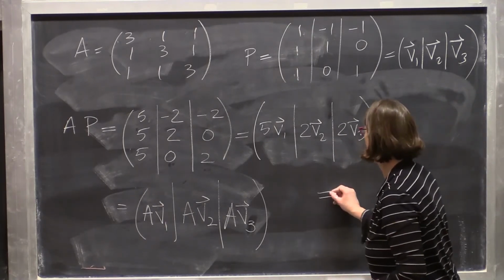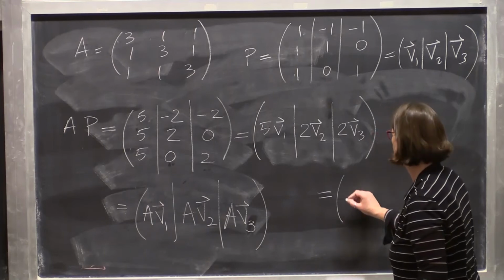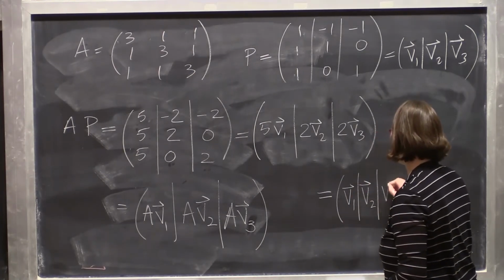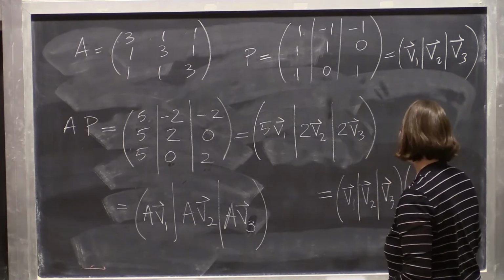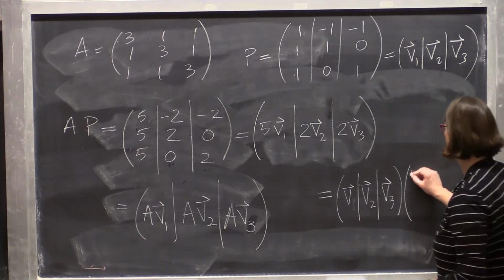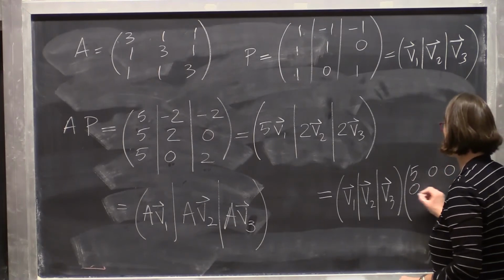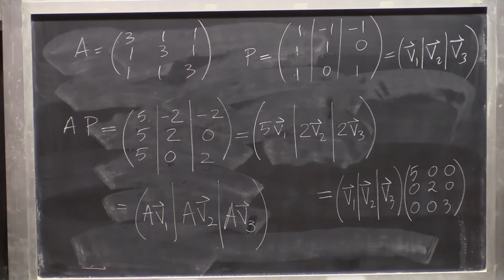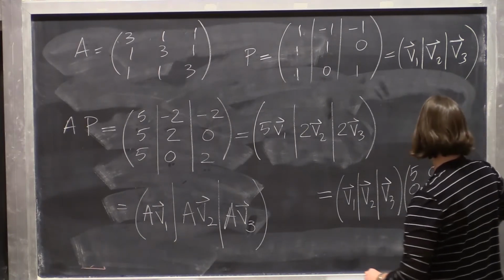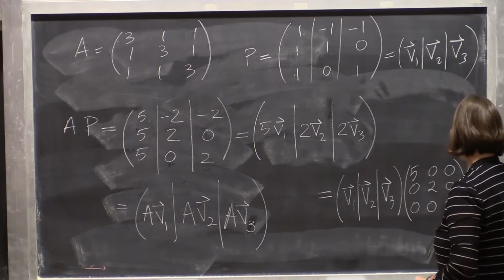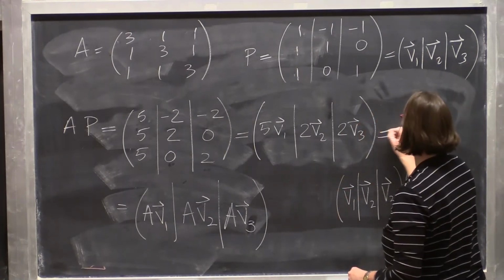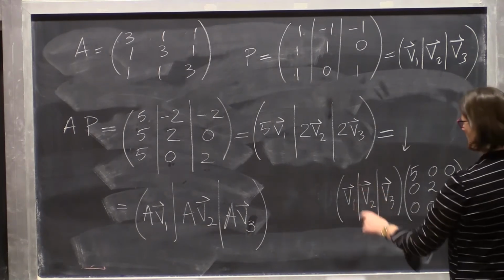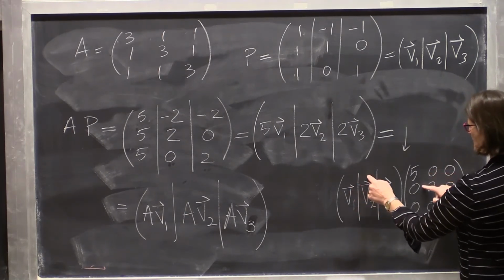Now this, I claim, is the same thing as V1, V2, V3 times the matrix 5, 0, 0, 0, 2, 0, 0, 0, 2. So I'm claiming that this thing is that. So let's check. Here I would have 5, 0, 0.